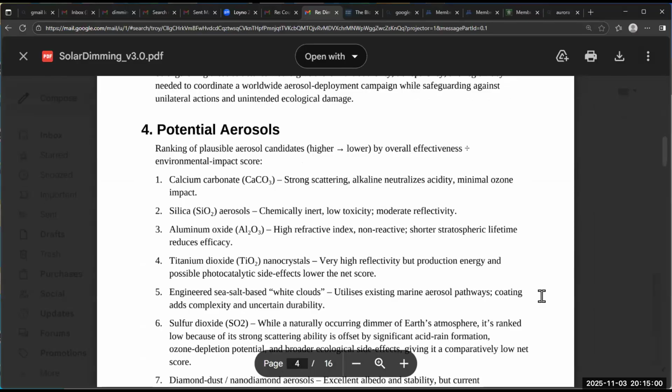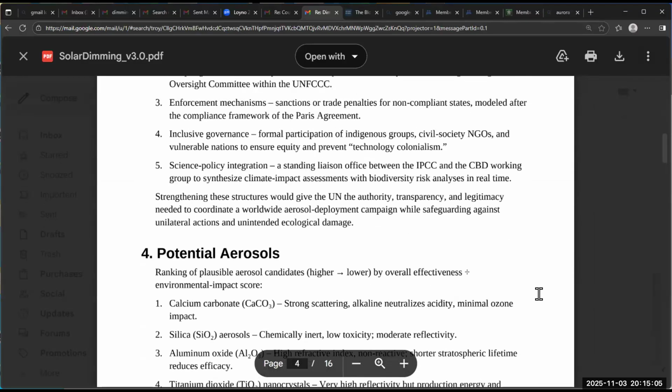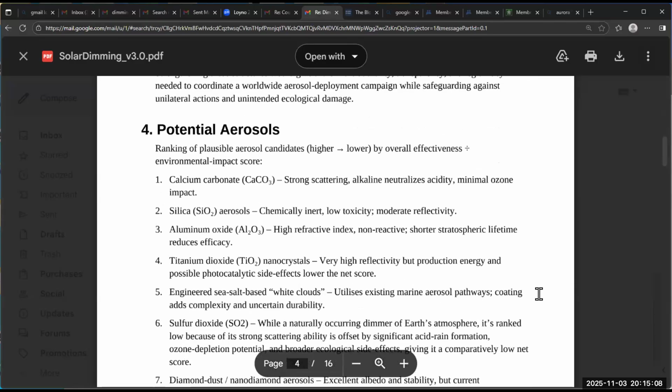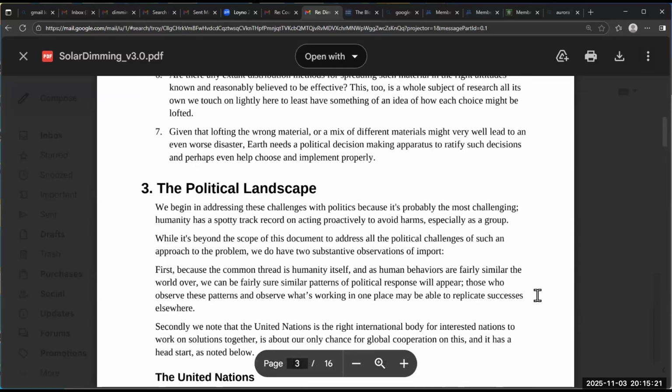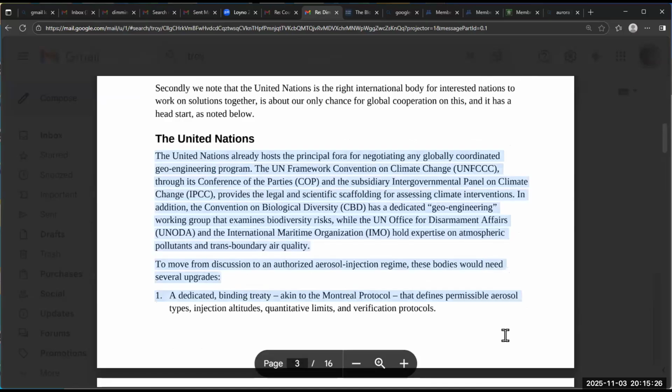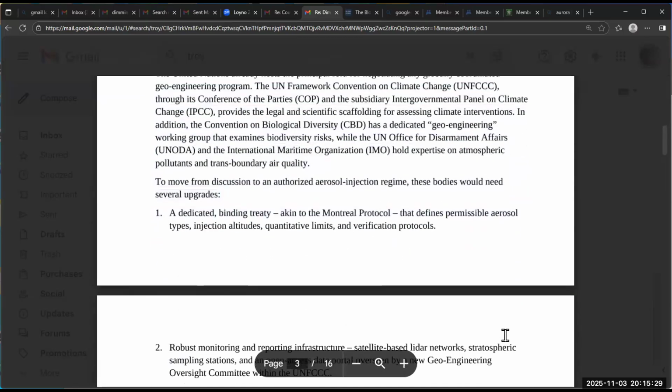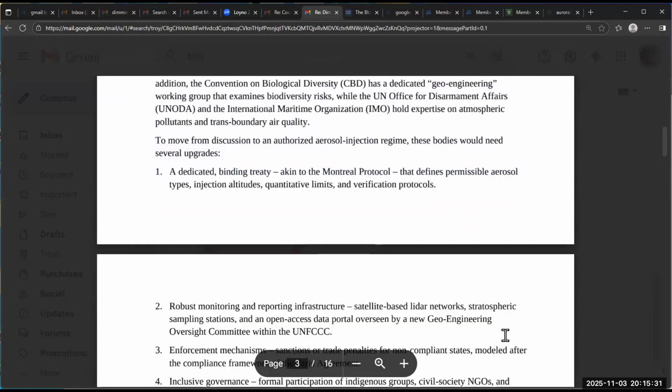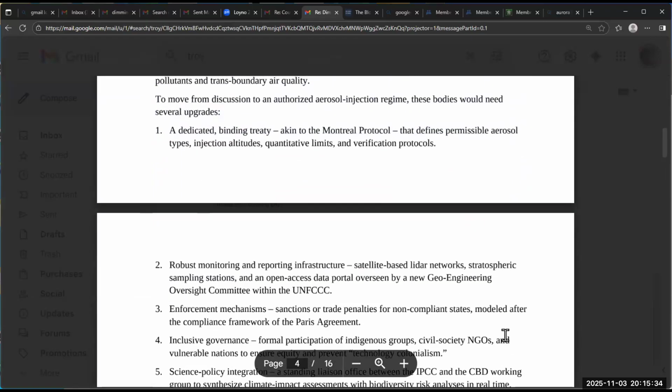And then the final question is, given that lofting the wrong material or a mix of different materials might very well lead to an even worse disaster, we need a political decision-making plan. And I address that first by basically pointing to the United Nations, which has a fairly robust set of features already. And I propose ways to strengthen those political bodies in order to be competent at serving this potential purpose.